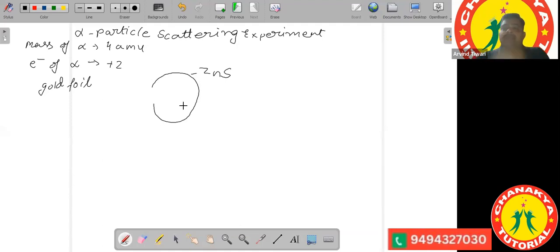Scintillations means small dots or small sparks are produced on the zinc sulfide screen. You can say that the zinc sulfide screen glows if it receives any alpha particle.